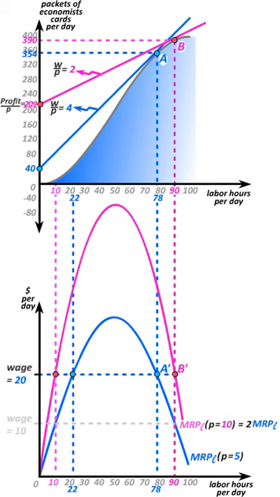In both cases, the isoprofit lines change in exactly the same way, in the sense that they end up with the same slope, and therefore the new profit-maximizing production plan ends up being the same. Thus, the behavioral change that we observe as a result of an increase in the price from 5 to 10 is exactly identical to the behavioral change we observe from a decrease in the wage from 20 to 10.